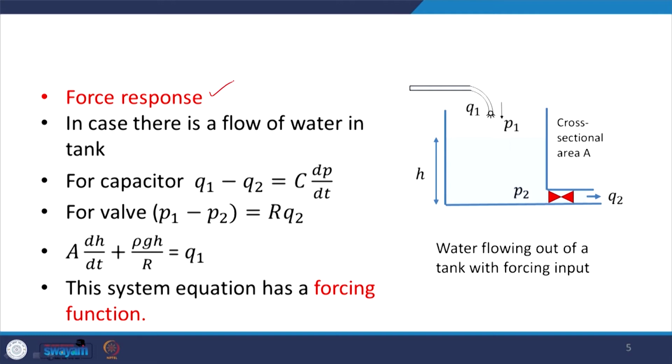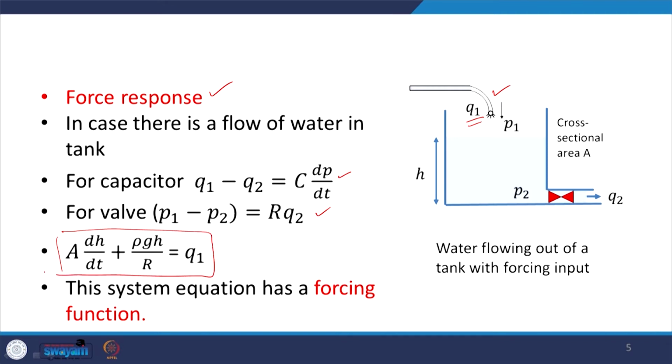If I talk about forced response, it can be considered if we assume that the flow is taking place with the help of some input over here, say Q1, and the rest of the things are the same. Again, as we have seen in the last lecture, using the equation for the capacitor as well as the expression for the resistance through the valve, we can derive the equation like this.